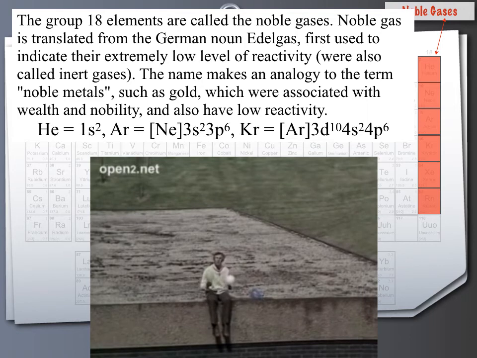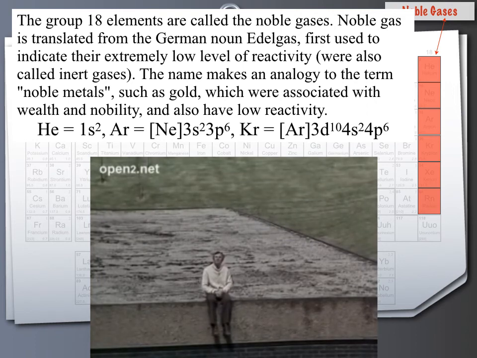Argon and krypton are both heavier than air. And xenon is the heaviest of the lot. You've heard of a lead balloon? Well, this is it.